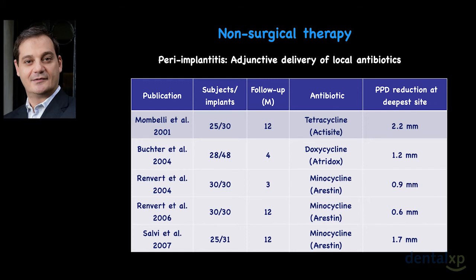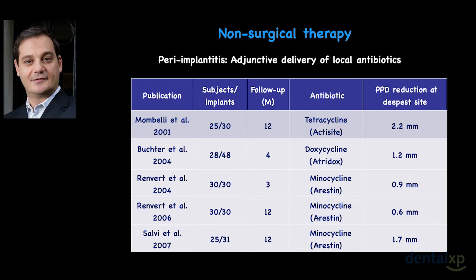Over time it resorbs and releases the tetracycline. And there's Atridox, which was a chip that you put in, and Arestin, which everybody knows about right now. It's the only one that's still on the market. So they tried putting a local antibiotic into the sulcus of implants.